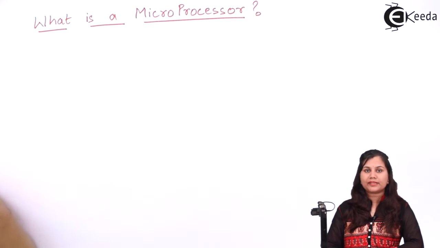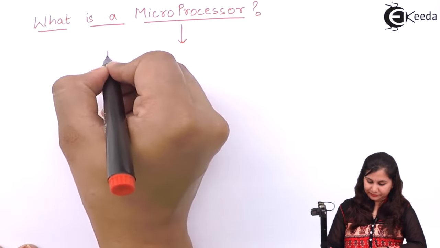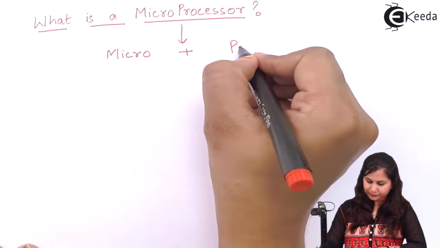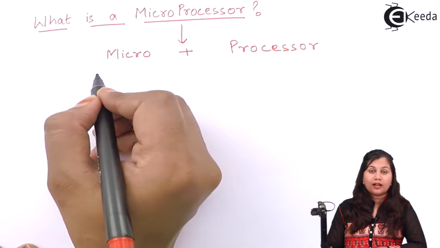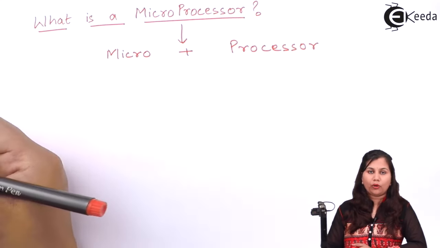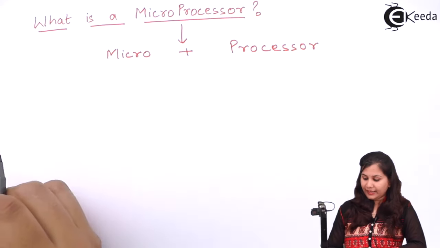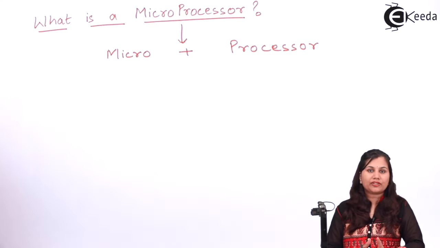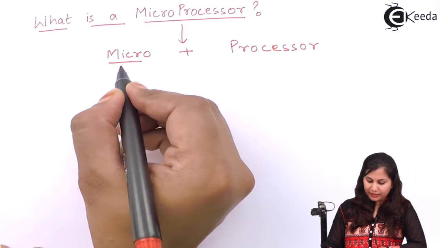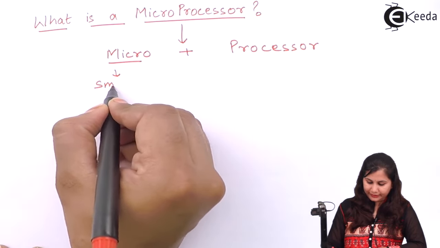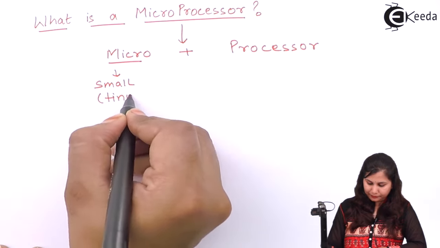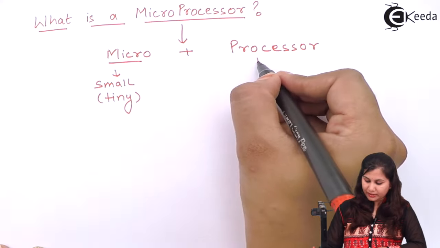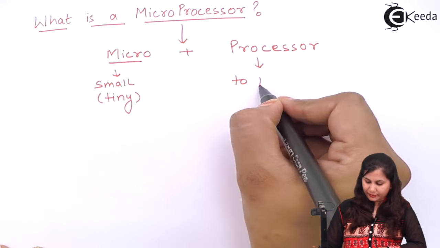The word microprocessor is a combination of two words, micro and processor. The word micro means small or tiny, and processor means something which processes whatever it is given to it.